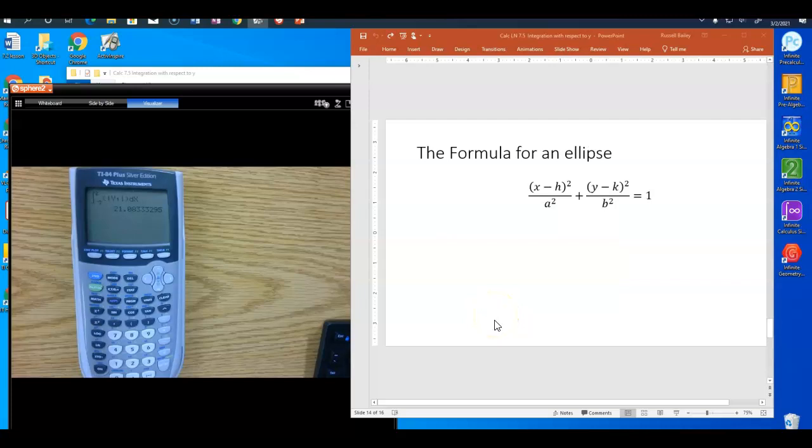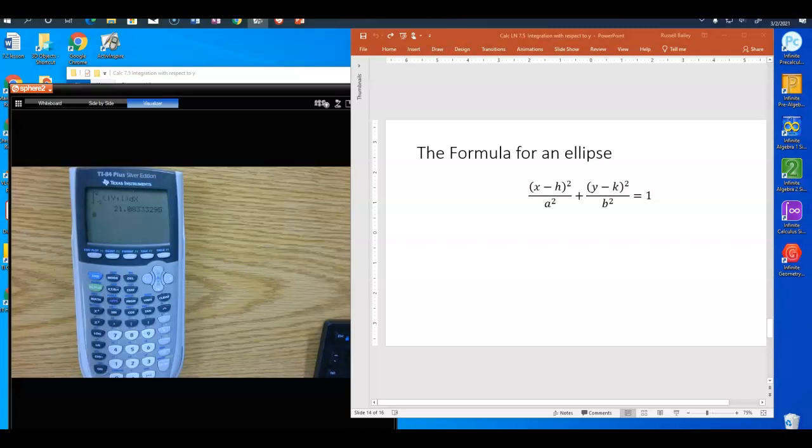All right. Let's take a look at one more concept before we call it a day here. Let's review the formula of an ellipse. The h and the k in this formula represent the center. The A, I'm going to call it the x radius.